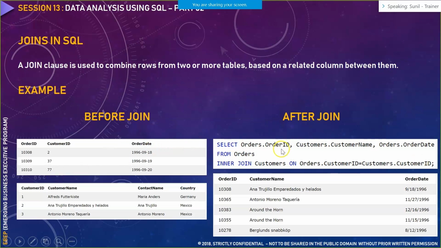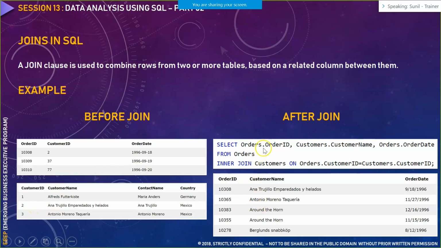Now this query is selecting the order ID from the order table, the customer name from the customer table, and the order date from the order table. After doing that, it is applying an inner join on your orders and customer tables. On what parameter is it applying that join? It is applying on the relationship, that is customer ID. So customer ID in the order table is equal to customer ID in the customer table.